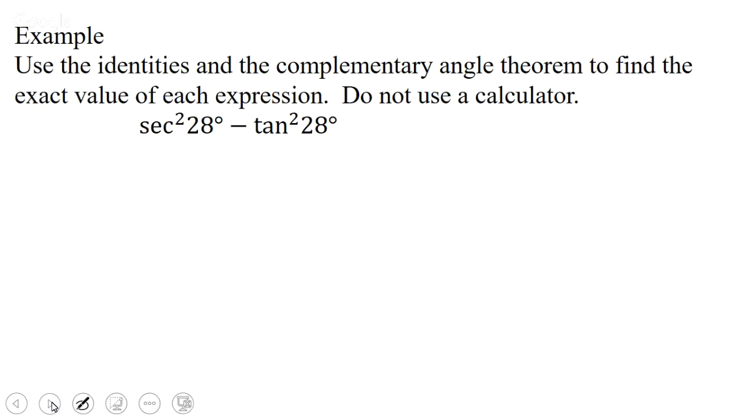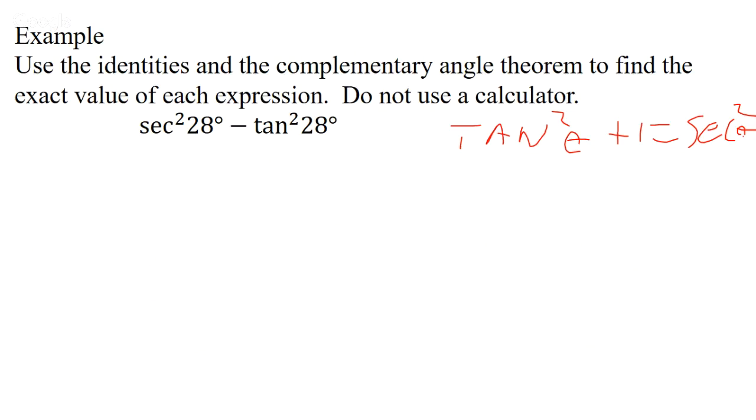So let's look at our Pythagorean identity. We have tangent squared theta plus 1 equals secant squared theta. So there's the Pythagorean identity. What I can do is replace secant squared with this whole thing.